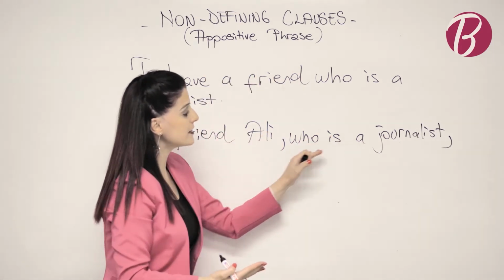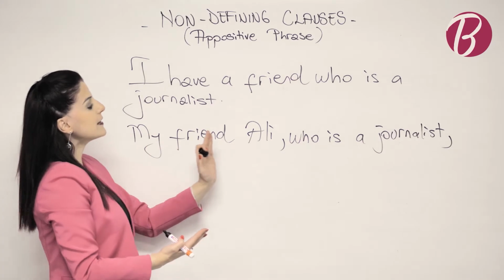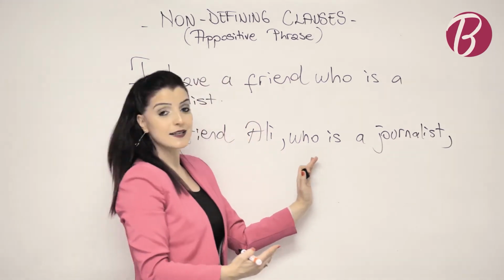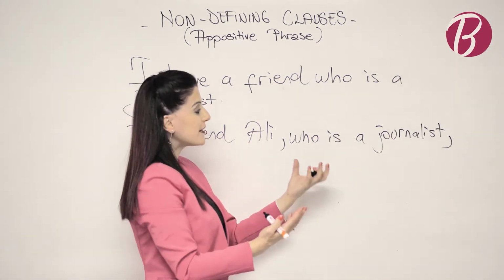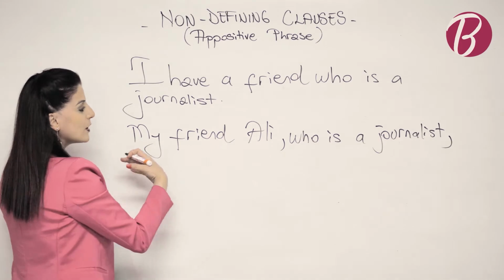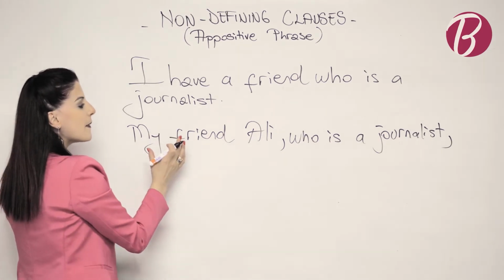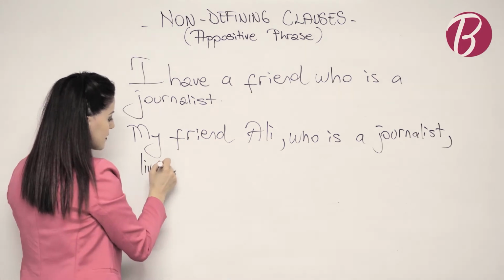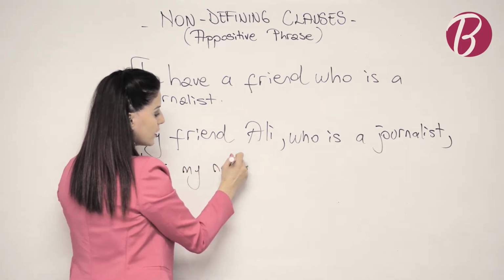My friend Ali is your subject. And this part is an extra information part, but still we need a verb. So let's complete our sentence. My friend Ali, who is a journalist, lives next door.